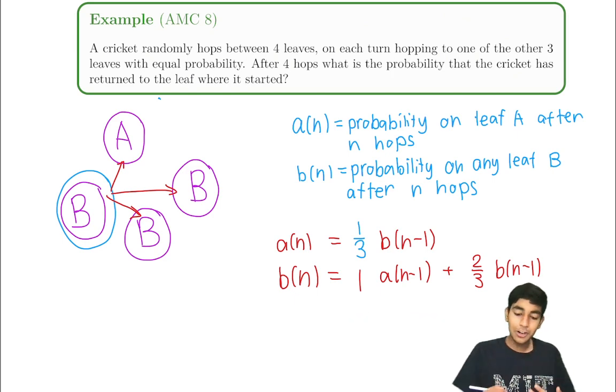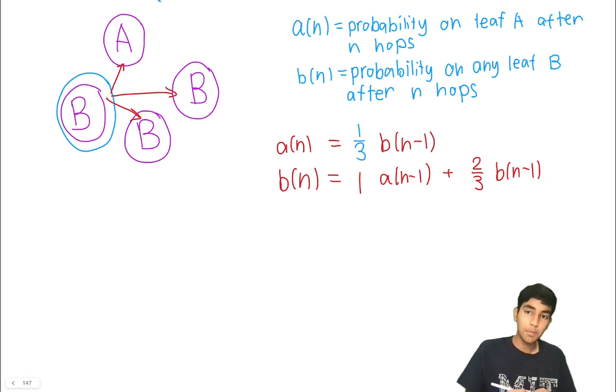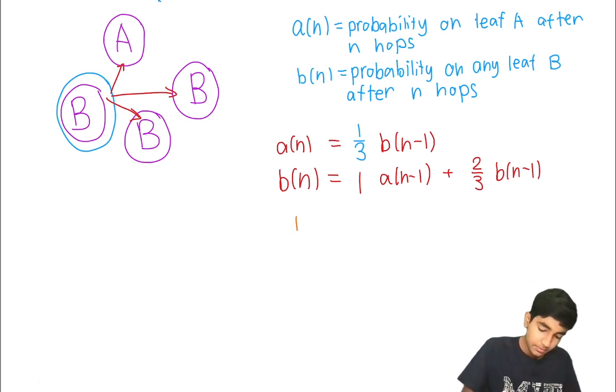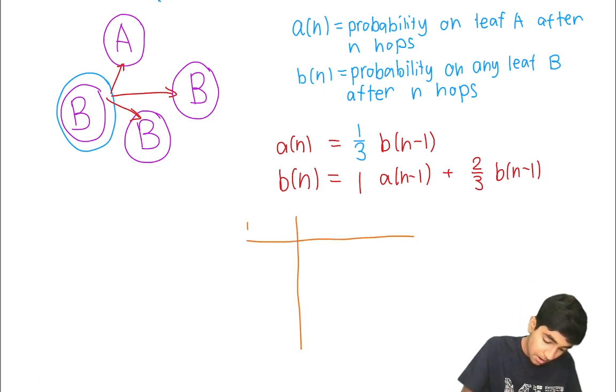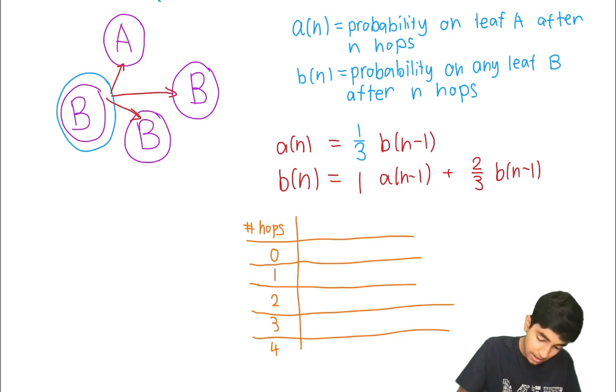So now we have 2 recursions. Now we should just be able to solve. So for this type, let's make a table. Let's say number of hops, 0, 1, 2, 3, 4, and let's see that this is A of n and B of n.